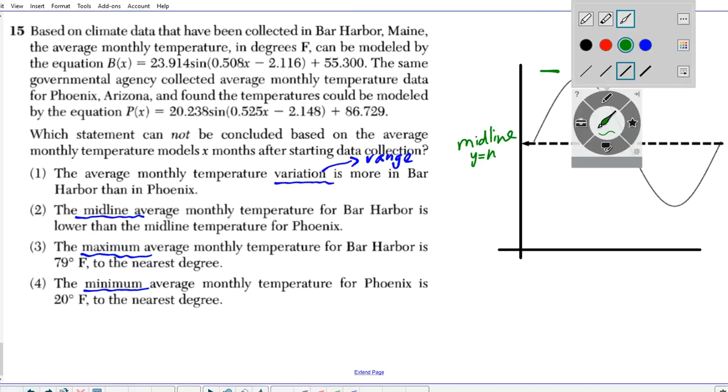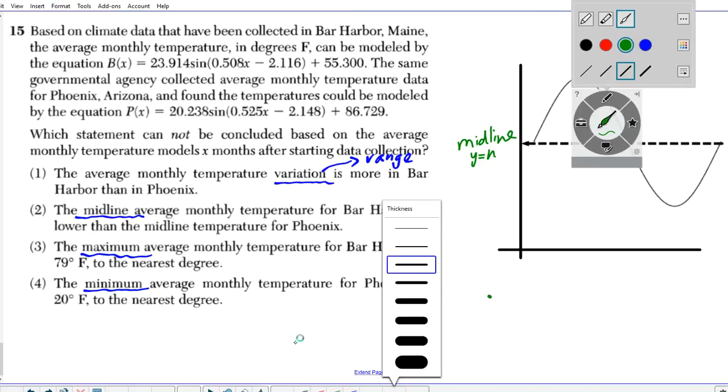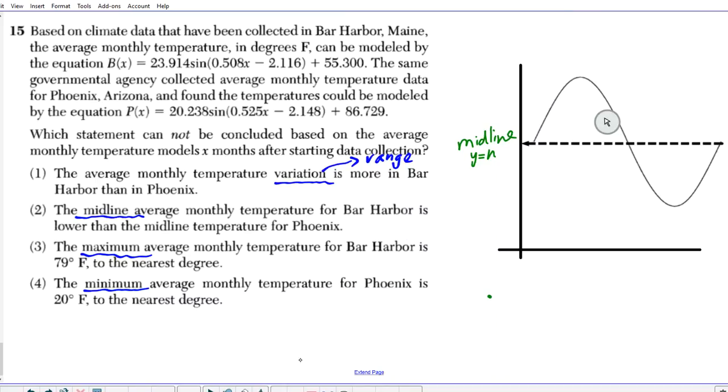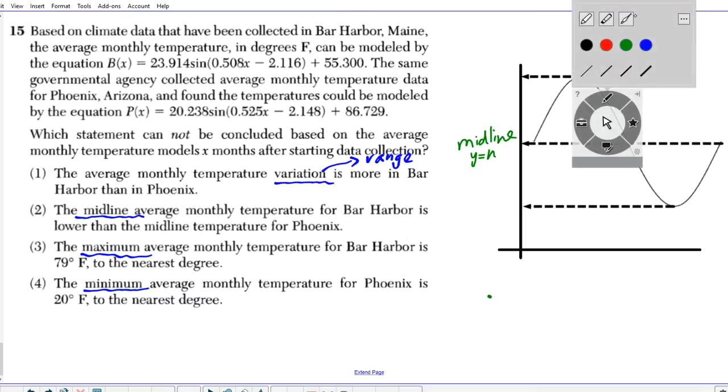Okay, so let's go ahead and indicate that real quick. So say change this. This is your maximum right here. The peak, and the valley is your minimum, the low point. Okay, pretty straightforward. So let's go ahead and label them.